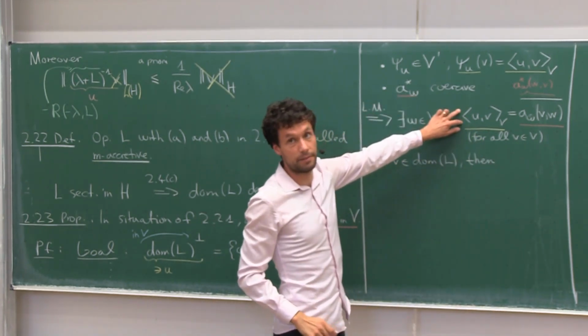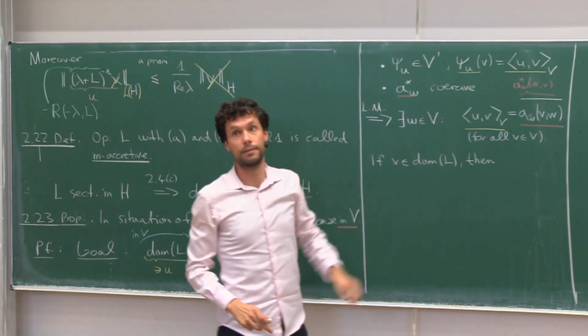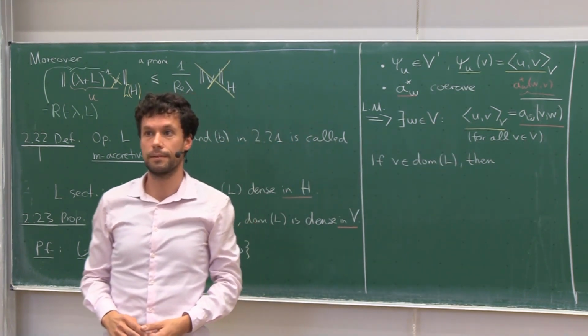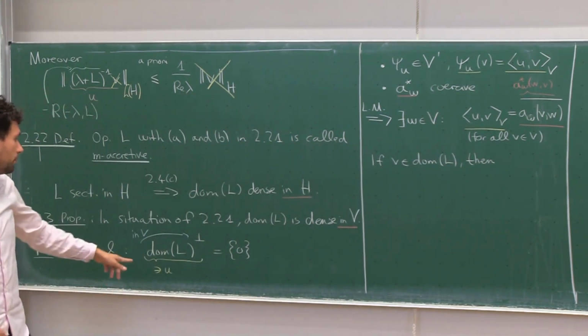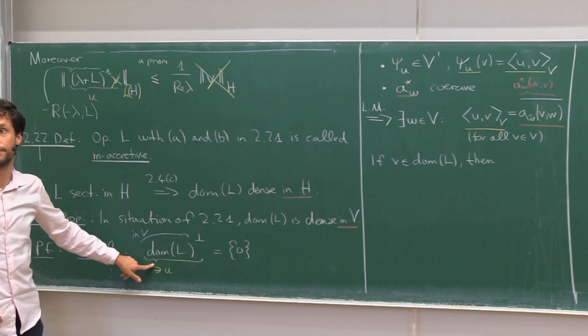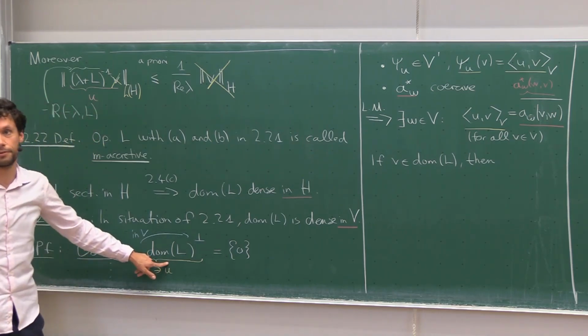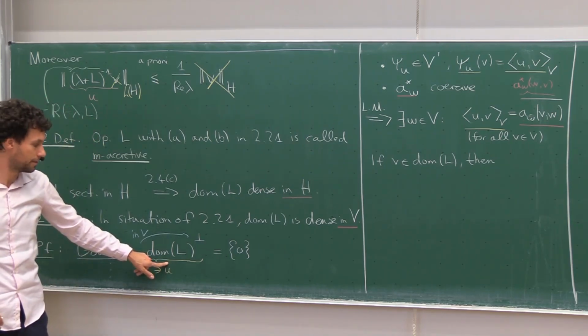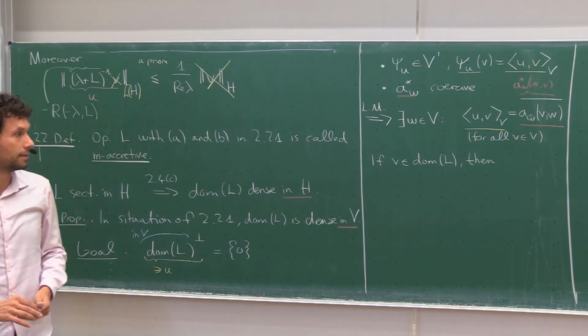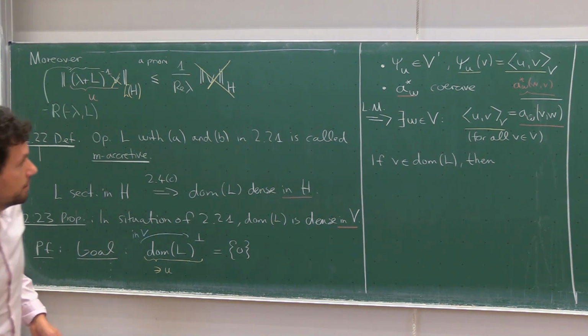Then what can I say about this term? If you keep in mind where I take the U from. Well, if V is in the domain of L and U is in the orthogonal complement of the domain of L, then U of V is going to be 0.